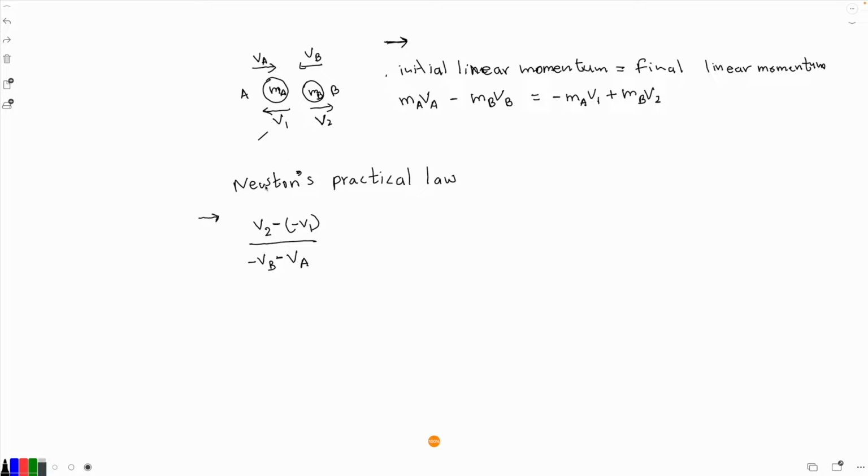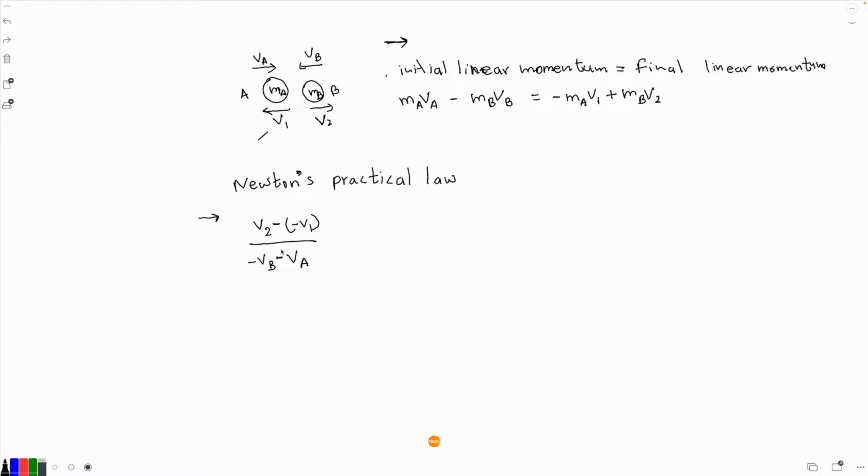If we take the difference of final velocities as velocity of b minus velocity of a, we have to take the initial velocities also as vb minus va. We cannot change that. If we take va minus vb, it will be wrong. If we consider the velocity of b first, then the final velocity of b must be considered first.